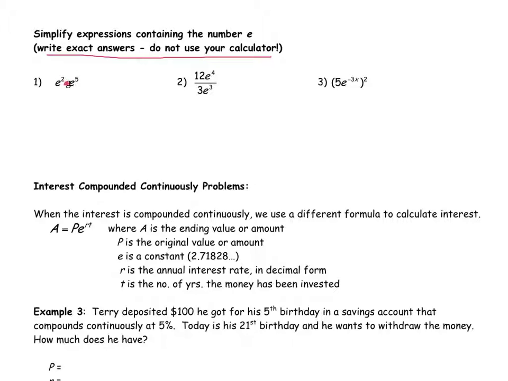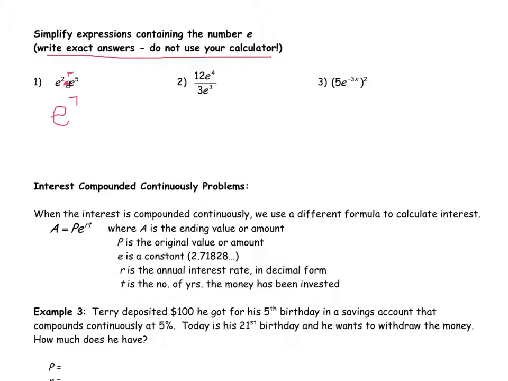So that should be E squared times E to the 5th. We're not going to use our calculator to get a value for E. We just know that we're using that symbol E to represent that number. If you take E squared times E to the 5th, remember you're multiplying exponentially, which means that you add those exponents together. So that would just be E to the 7th.